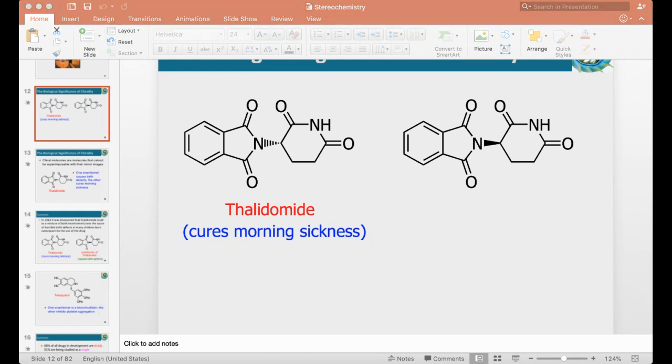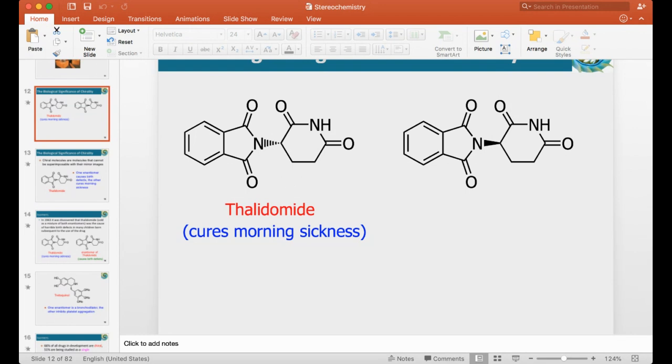They don't superpose because this dash bond here, so the carbon nitrogen is going on the back of the screen in this structure and it's coming toward you in this one, so they don't match no matter how you, now if you flip it, you can say, well, what if I flip it? So if you flip this, then the CO is going to come toward you and then it won't match over here.